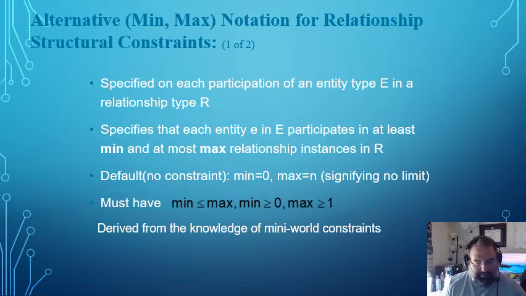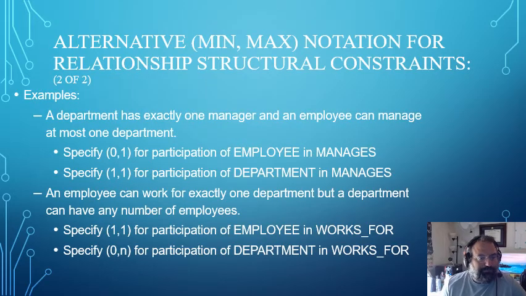Must have min less than or equal to max, min must be greater than or equal to 0, and max must be greater than or equal to 1. Derived from the knowledge of many world constraints, so it's based upon what it is you're trying to model.